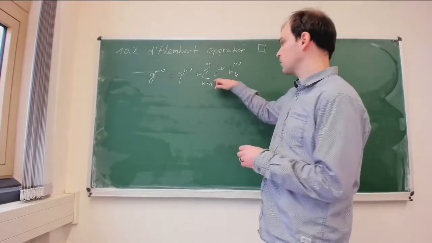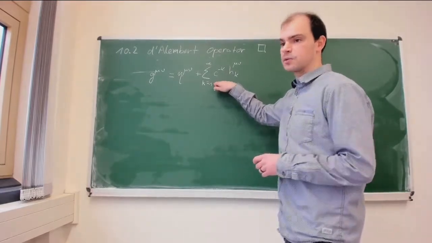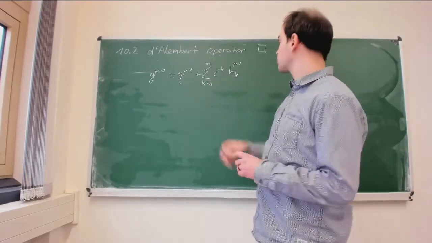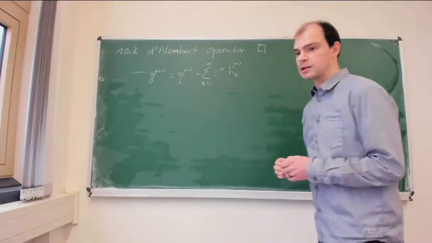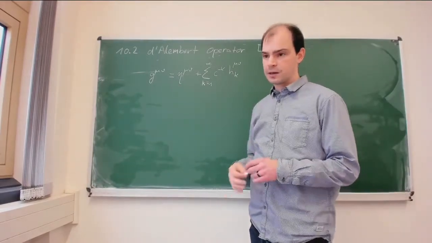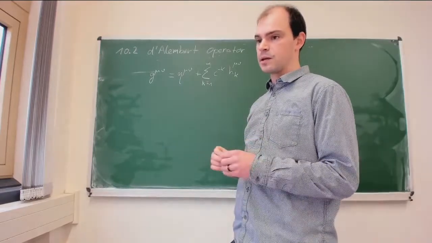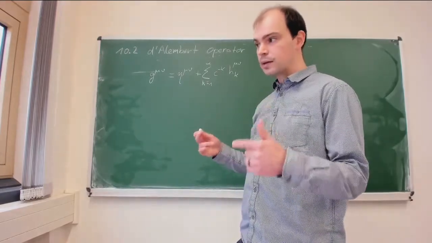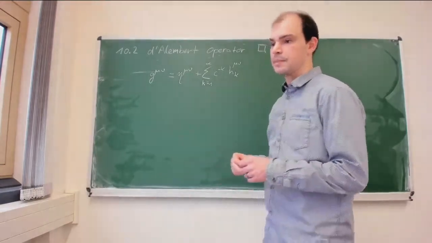Just briefly, before we expanded in powers of 1 over c squared, and now we are expanding in powers of 1 over c. The reason why we need to do this is that a generic metric can also have off-diagonal terms. It can have time and space terms, and you know that the time variable always basically gives you a factor of c.